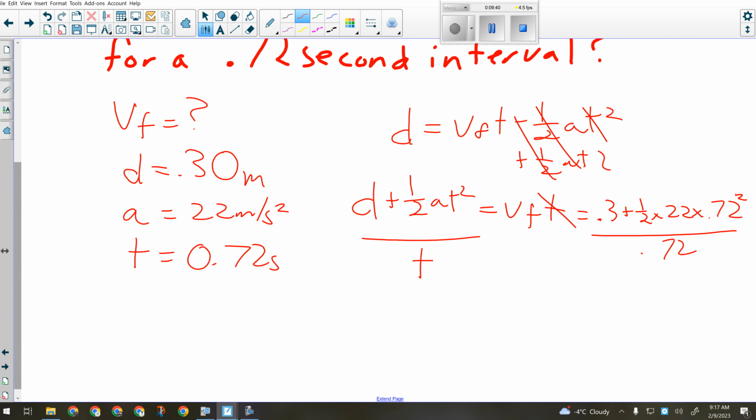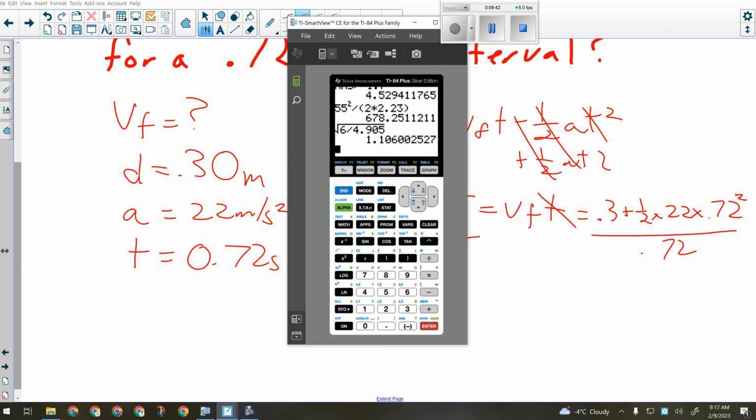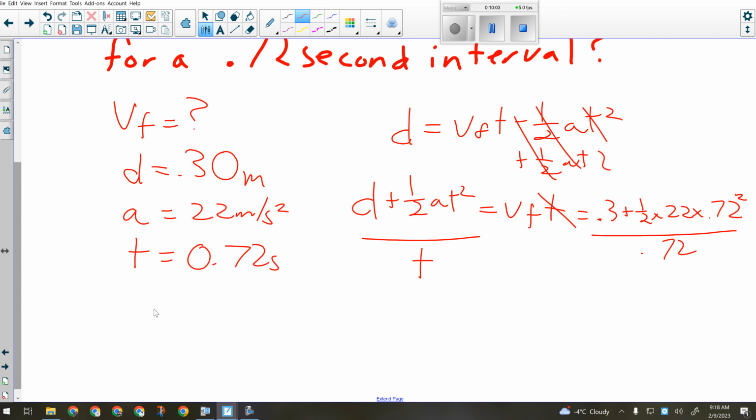Okay, and when we plug all of that in, 0.3 plus 0.5 times 22 times 0.72 squared divided by 0.72. Okay, so we're looking at 8.3. We only have two significant digits, so 8.3 meters per second. All right, we can't put a vector on that because we don't know what it is, and they ask for speed anyway.